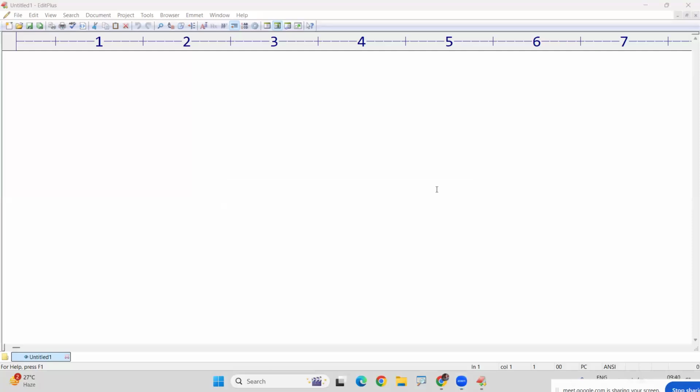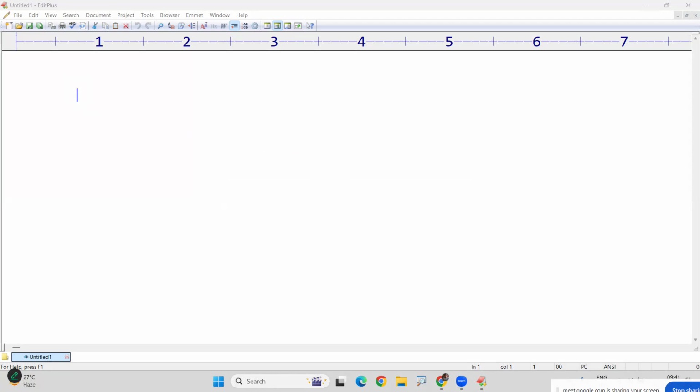In the same way, whenever you are finding that value, suppose I'm taking nested loops.